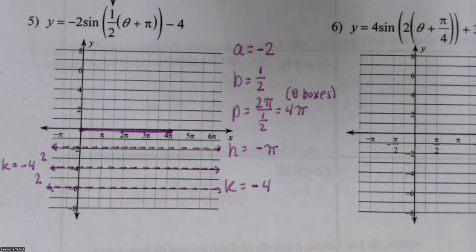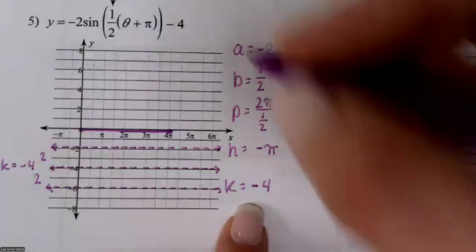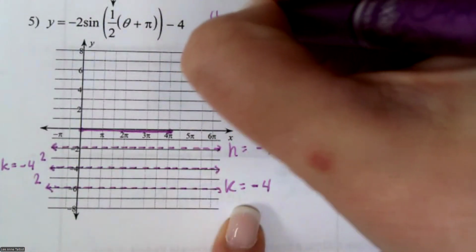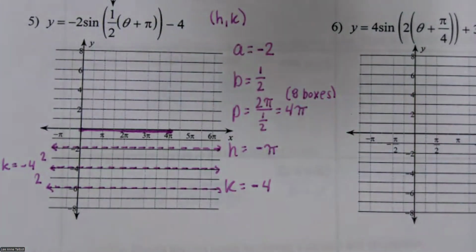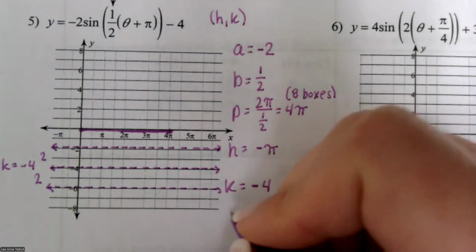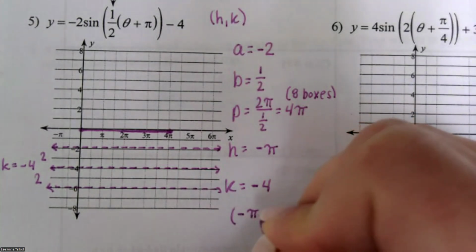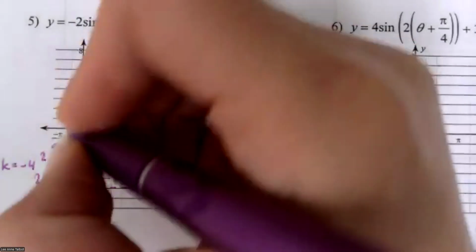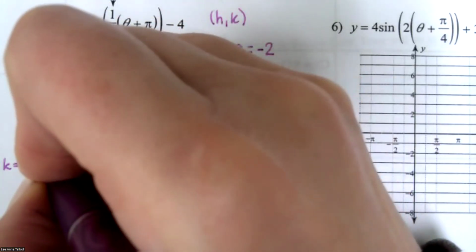Okay, Connor, are you okay with the -4 and the amplitude of 2? Okay, now I need to find the locator point, which for sine is HK. What's the locator point for cosine? HK plus A. Okay, so locator point is negative pi, -4.